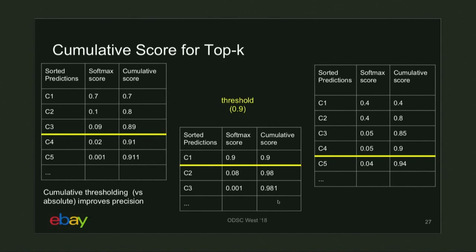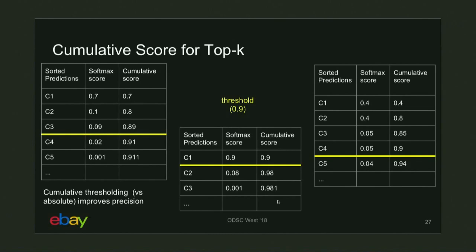And also, when we say top K, let's say top 5, we don't blindly use top 5 all the time. I show 3 examples here. C1, C2, C3, let's say these are the top categories. Let's look at the left side, right? I show the softmax score, which is like the probability score. It says it's 75% confident that it's C1, 10% confident that it's C2, 9% confident that it's C3, and so on.